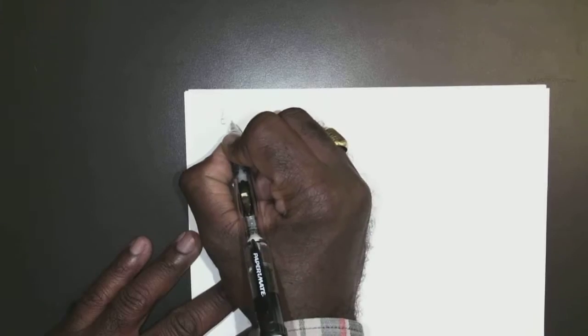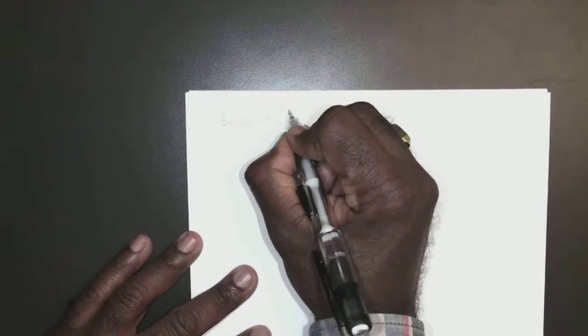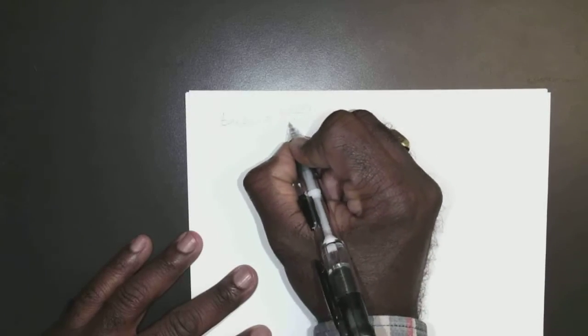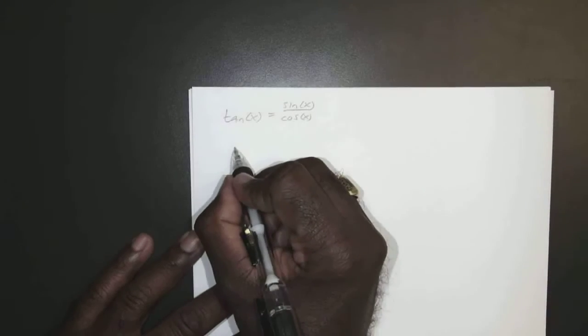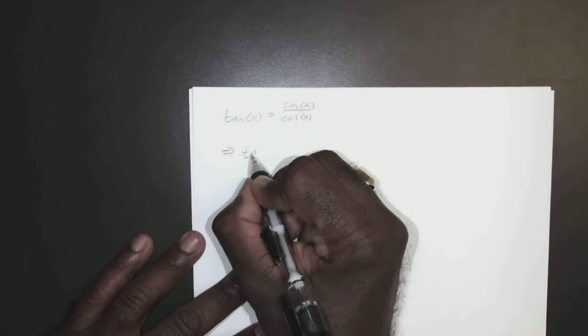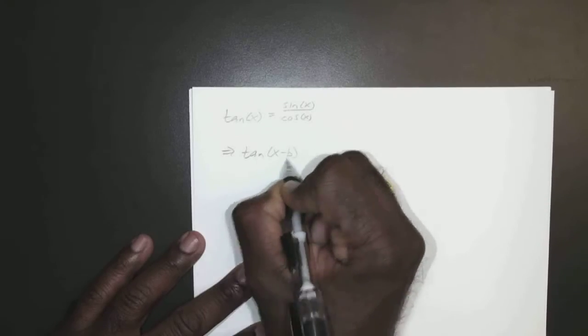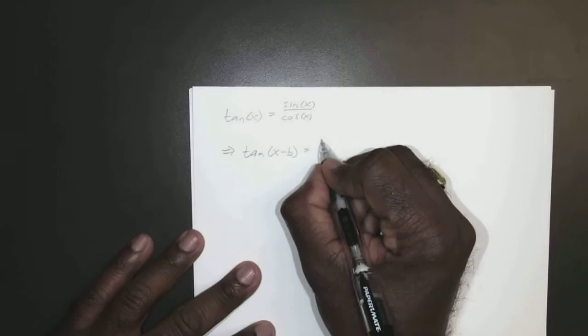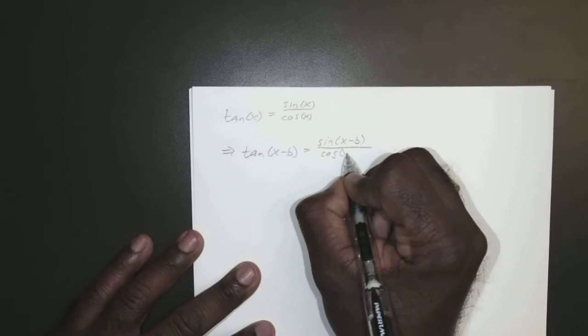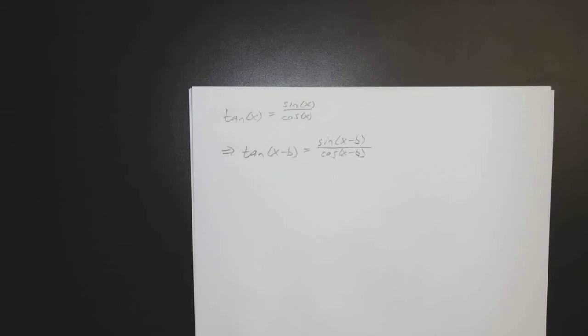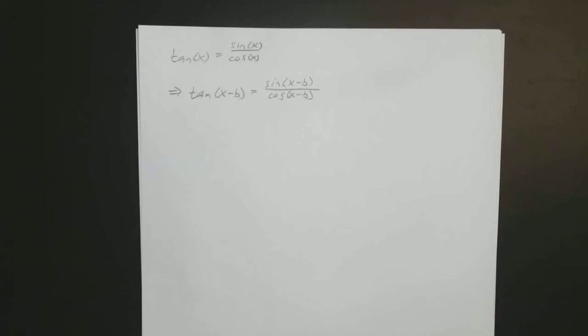All right, so we know that tangent of x is equal to sine of x over cosine of x, which means if this one did shift left to right, so tangent of x minus b will equal sine of x minus b over cosine of x minus b. Okay, so oddly enough, our vertical asymptotes would shift with it.